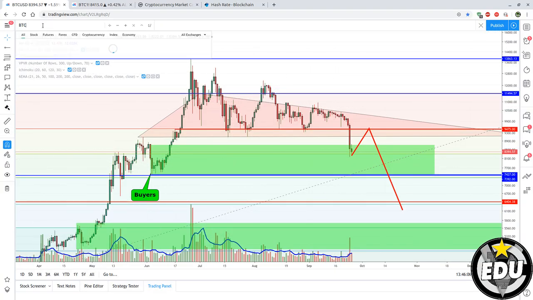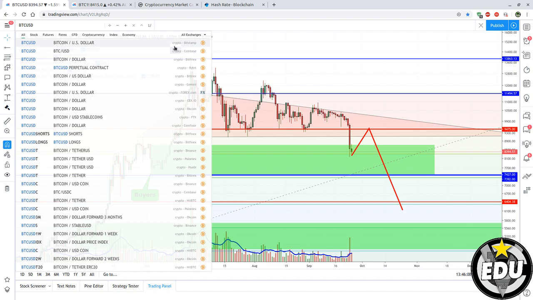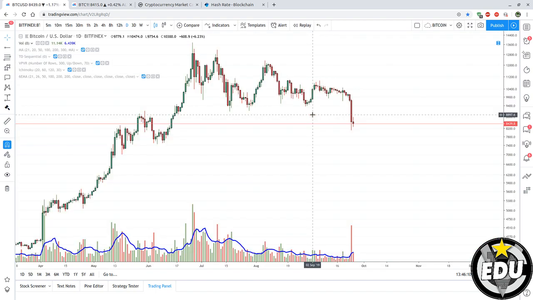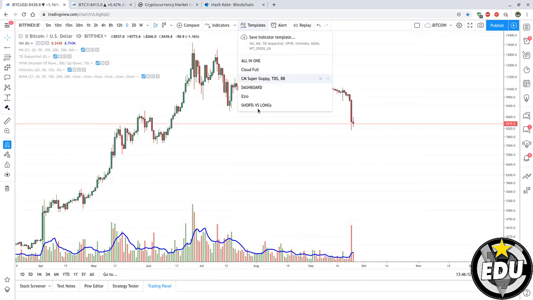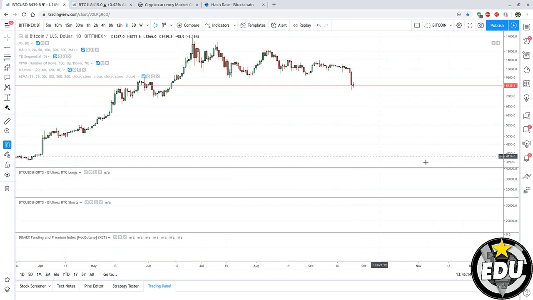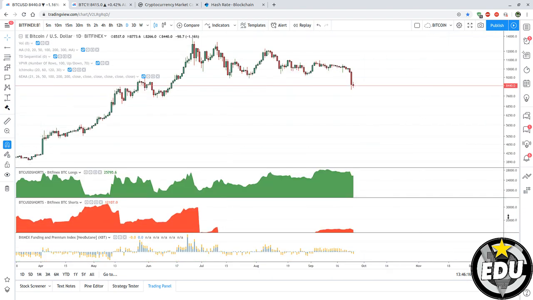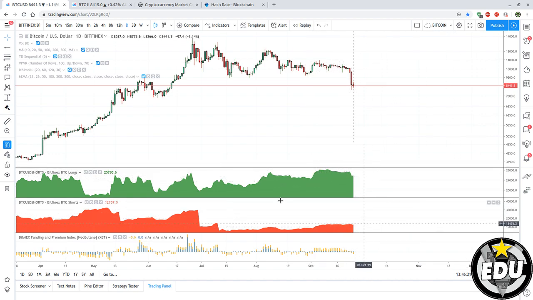Let's put up the Bitfinex chart. Okay, let's put short versus long positions, and they're still extremely high long positions.